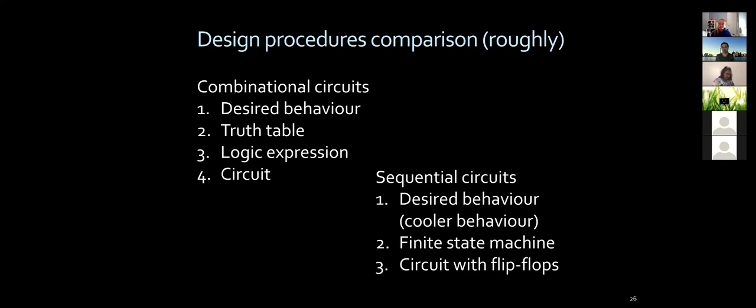Before, with combinatorial circuits, all my inputs fully define my outputs. It's very simple to build, but it's quite boring. It doesn't have memory, but sequential circuits do. So instead of a truth table, we get a finite state machine. We're going to convert it into the state table, as I just showed you informally, and then convert that into flip-flops. We're not going to do it in an optimal manner. We don't have time in this class for that, but we're going to show you some way to map it, and I'm going to give you some references on where to read about the more efficient methods.